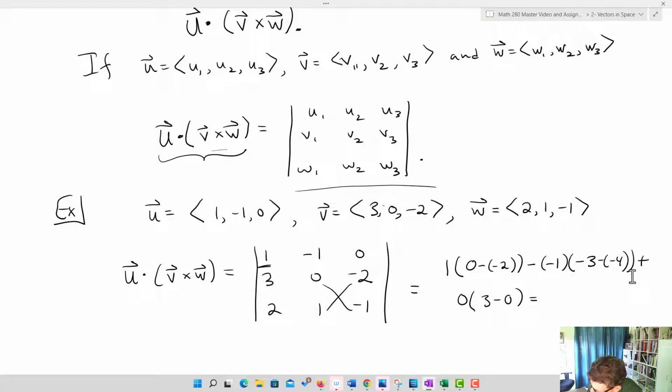And so this ends up equaling 2 plus 1, because this is going to give me positive 1. So it's 2 plus 1, which equals 3. And that is the value for our triple scalar product for these three vectors. And that's really all you've got to do in order to figure out your triple scalar product.